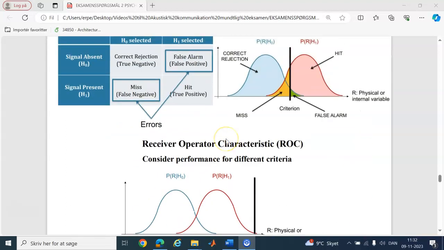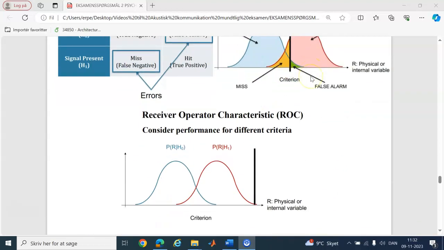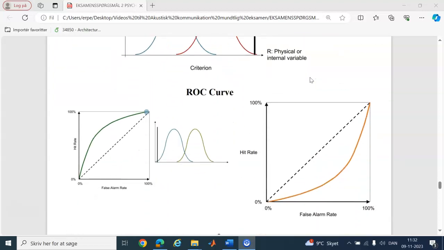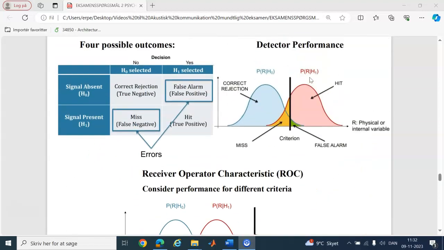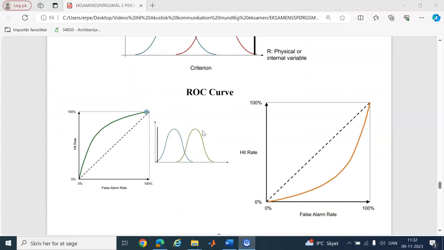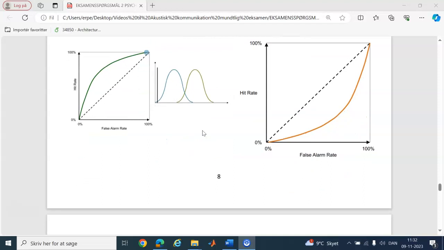That means false alarm here and hit on the other one, if there is a signal. False alarm versus hit rate. So we can get some different ROC curves on this.